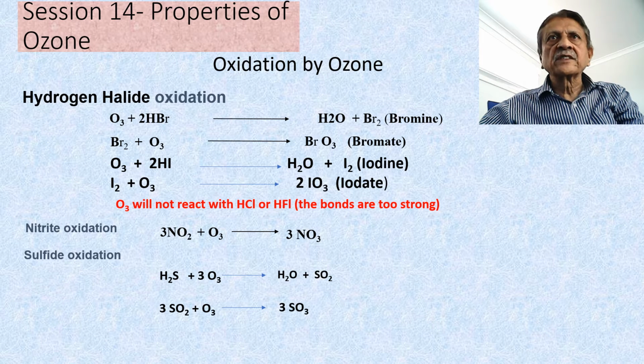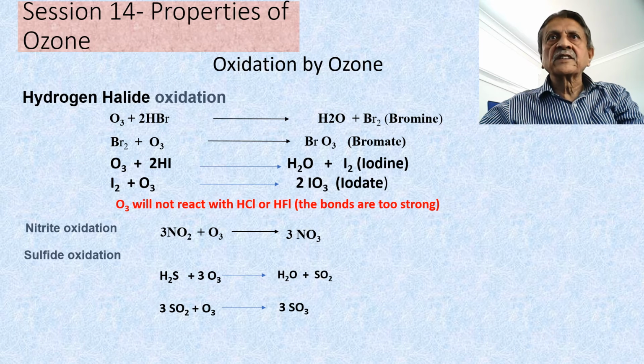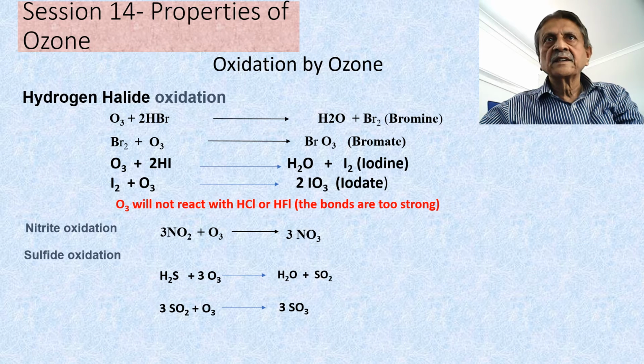Ozone will react with hydrogen bromide to form bromine. It will react with bromine to form bromate. It will react with hydrogen iodide to form iodine. The iodine will react with ozone to form iodate.